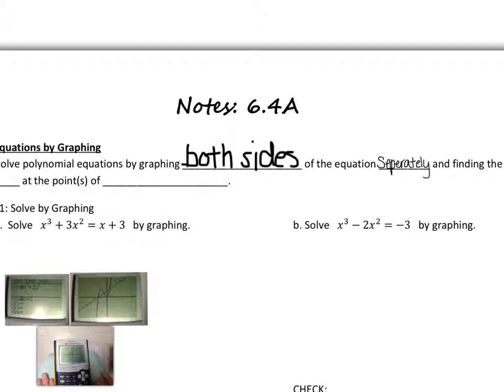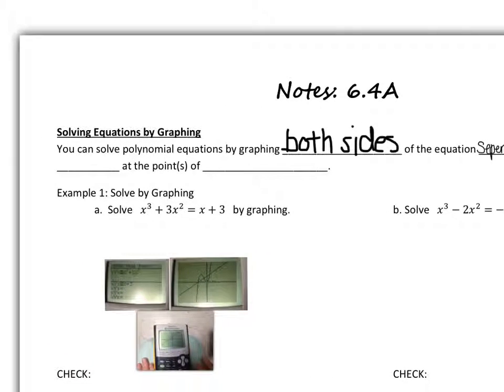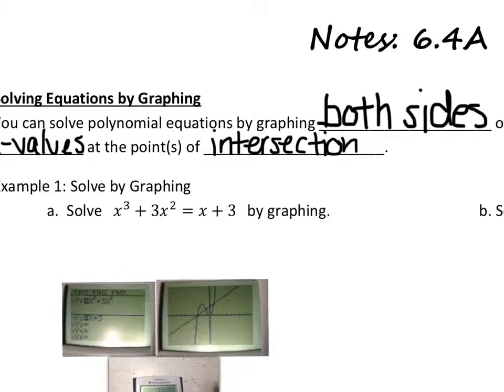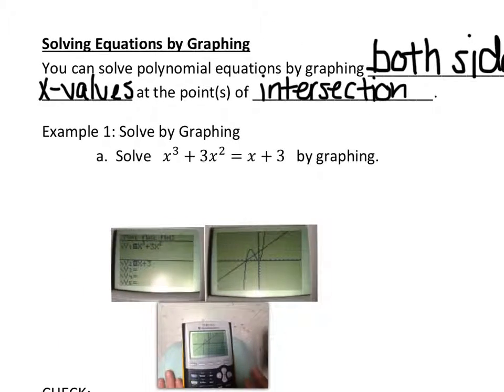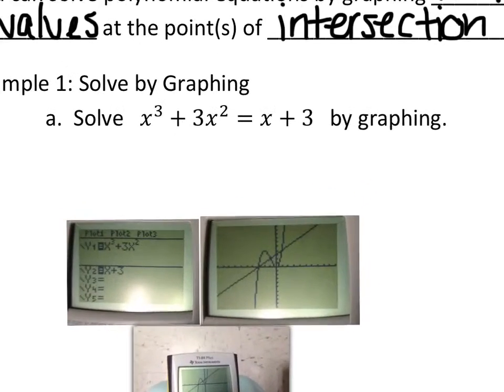So the left side will be y1, right side will be y2. That's what it means by separately. And finding the x values at the points of intersection. Supposed to say values, not valves.